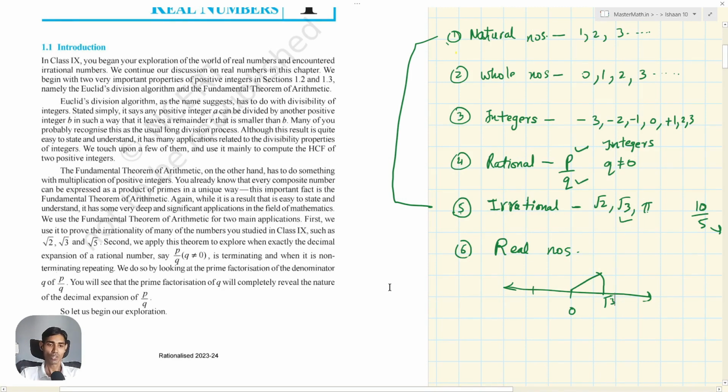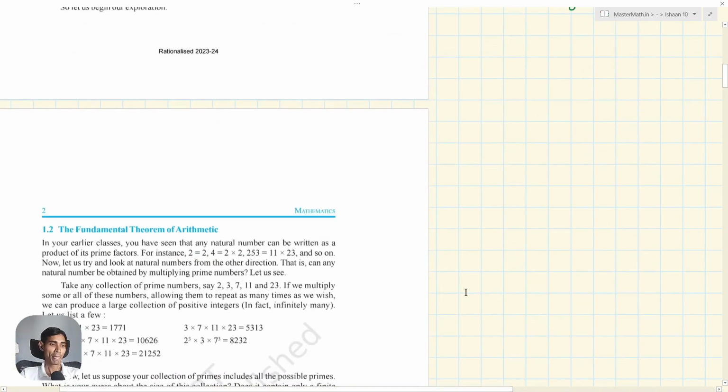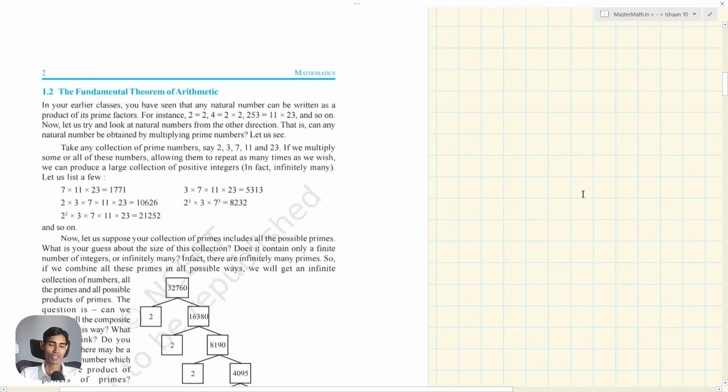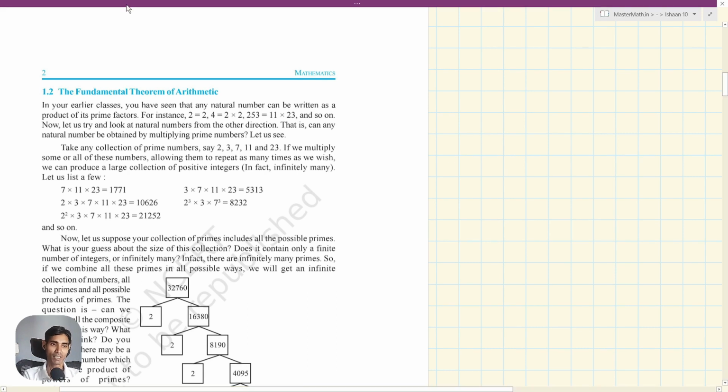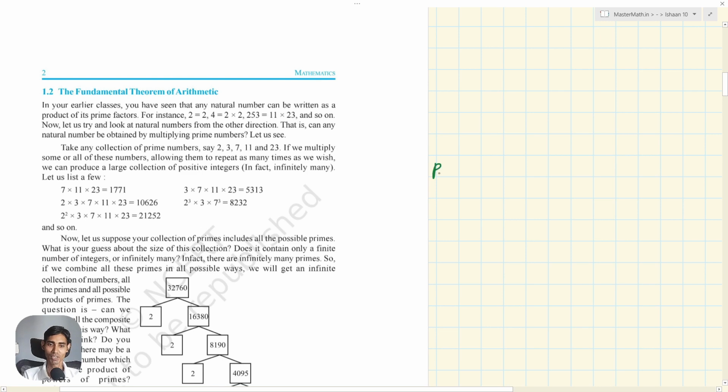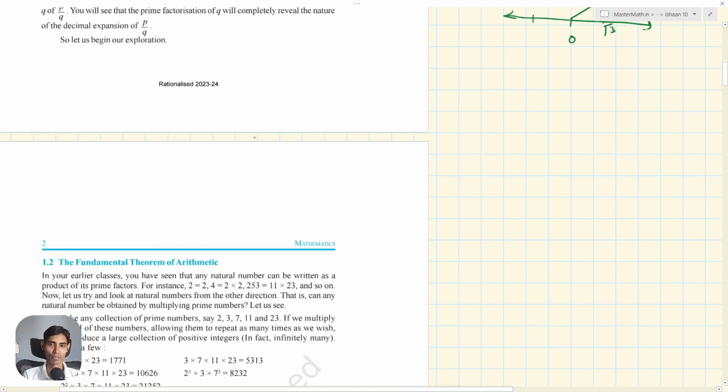It was basically the long division method, nothing complex, but it's removed. So the fundamental theorem of arithmetic is our first topic, and it's again pretty straightforward. It's a sophisticated name for prime numbers and composite numbers. So if you know prime numbers and composite numbers, you're good to go.